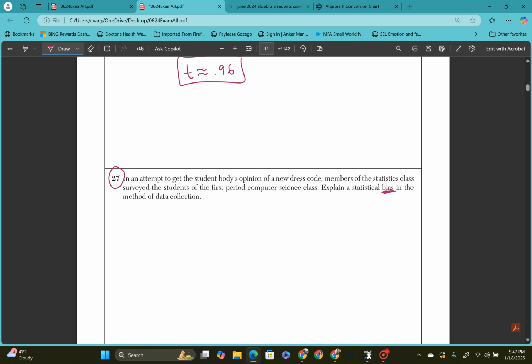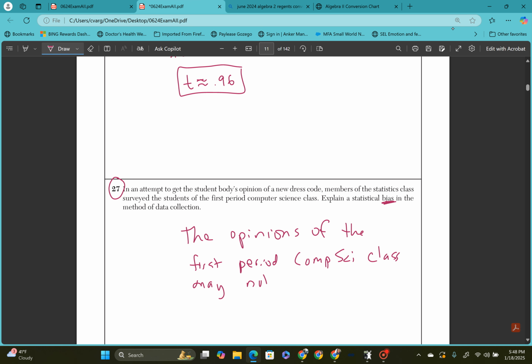So a bias could be the opinions of the first period comp sci class may not, let's just say, represent the opinions of the whole student body.